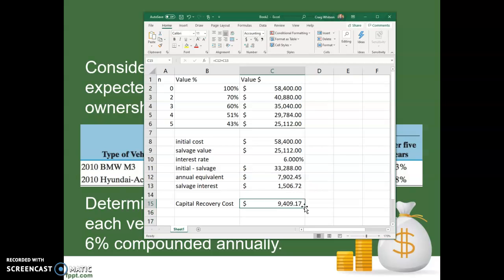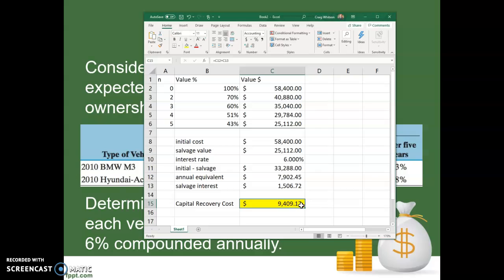So the total cost of ownership, also known as capital recovery cost, on an annual basis for this vehicle over 5 years is $9,409.17.